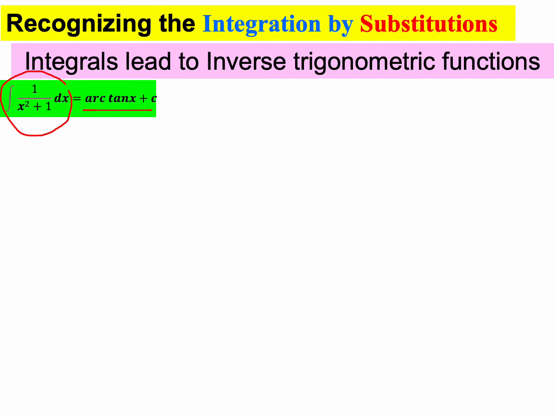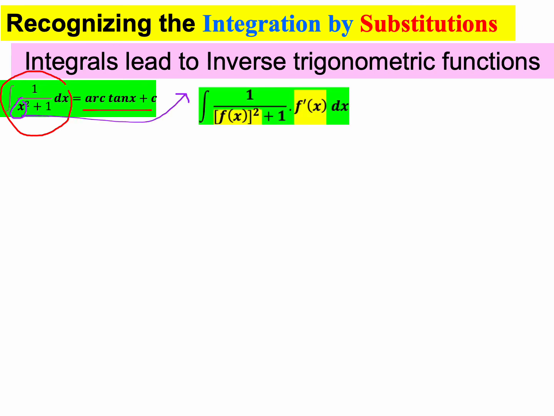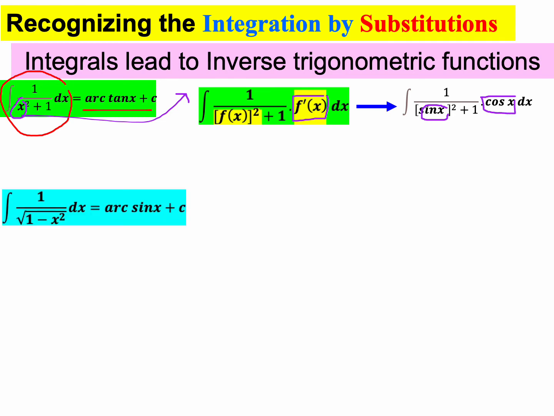But if we change the x to be a function, in this case also we can say it is integration by substitution, but we need to make sure that the derivative of this function is provided. Also, for example, we can see here sine to the power 2 plus 1 multiplied by the cosine. So this is integration by substitution.